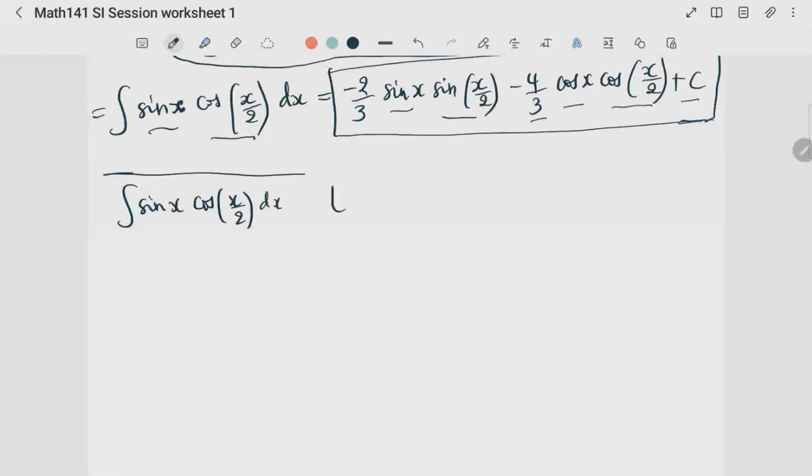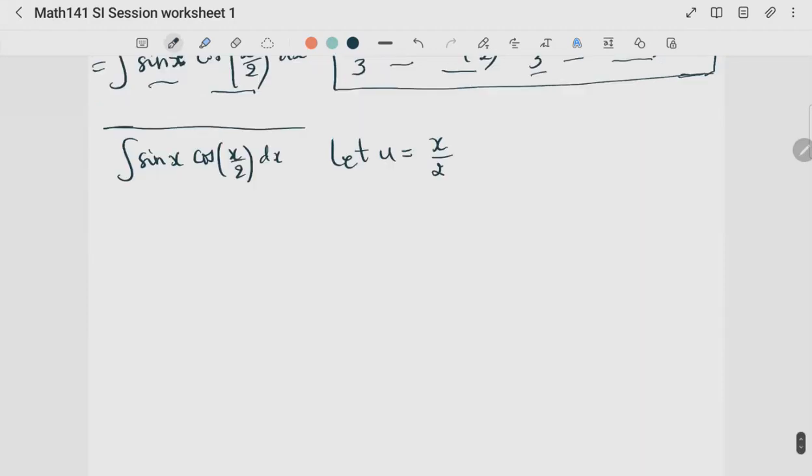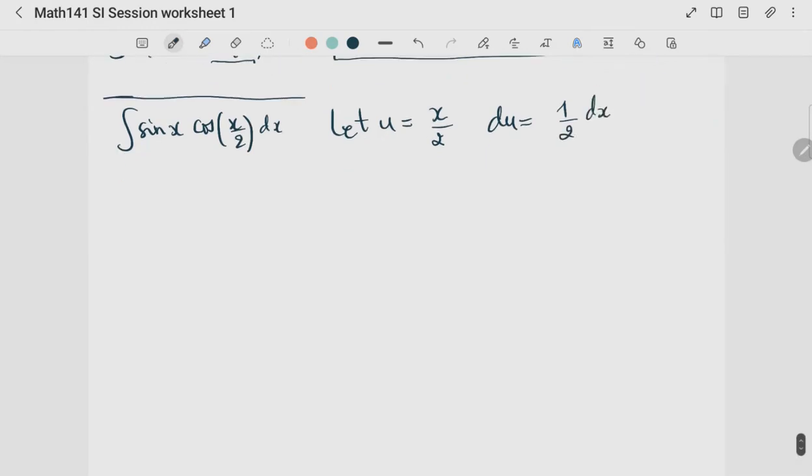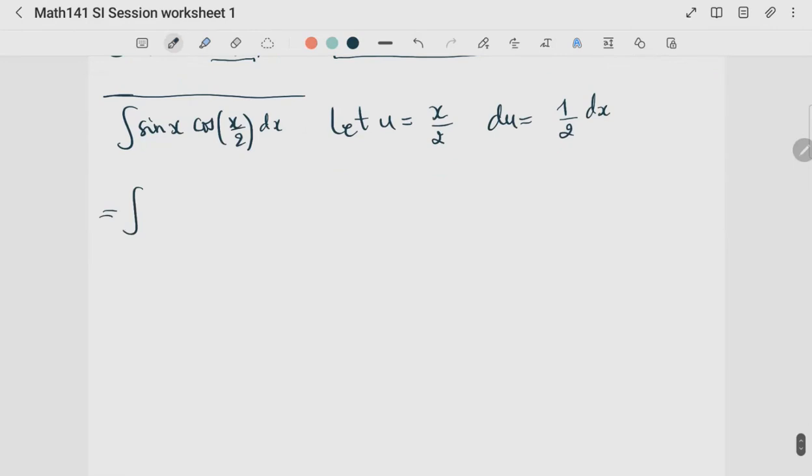So we can let our U be equal to x over 2, for example. That means our du will be 1 over 2 dx. When we substitute that into the expression, sine of x will just be sine of 2u, multiplied by cos of u, and dx is just 2 du.